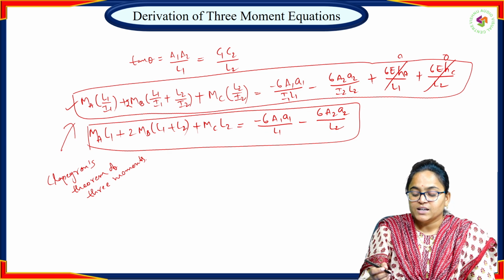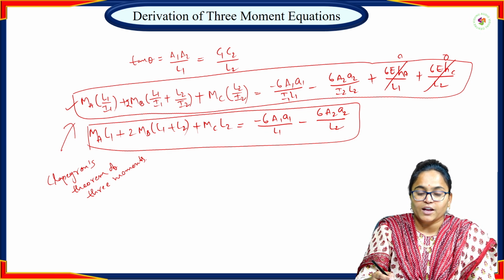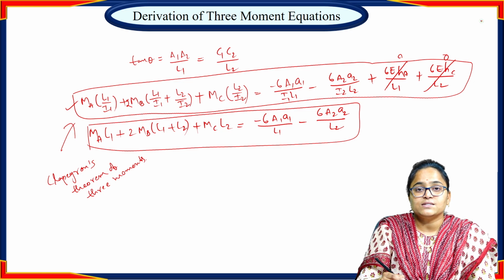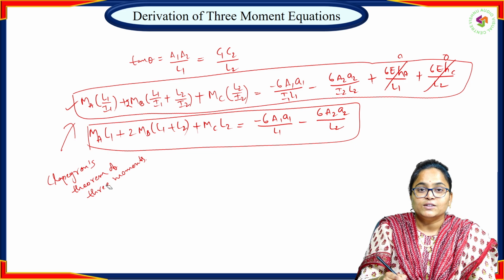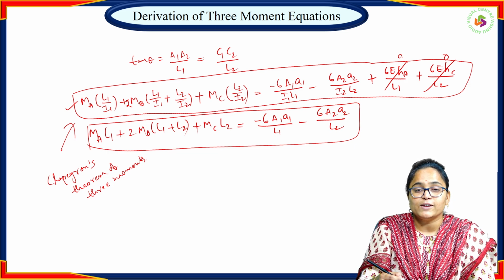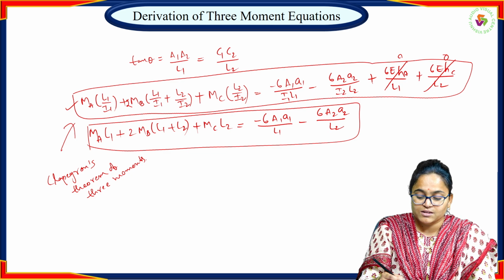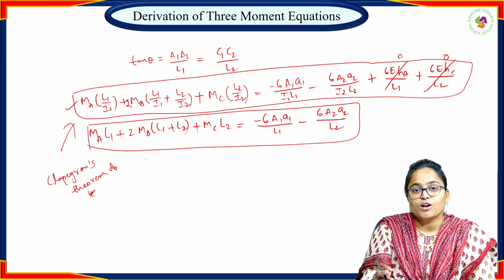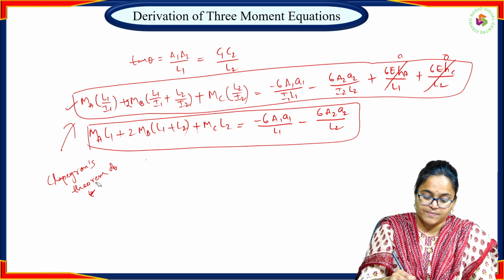Now we can apply this three moment equation to indeterminate structures. So this theorem is applicable only for indeterminate structures, for continuous beams, and it is not applicable for trusses and frames.